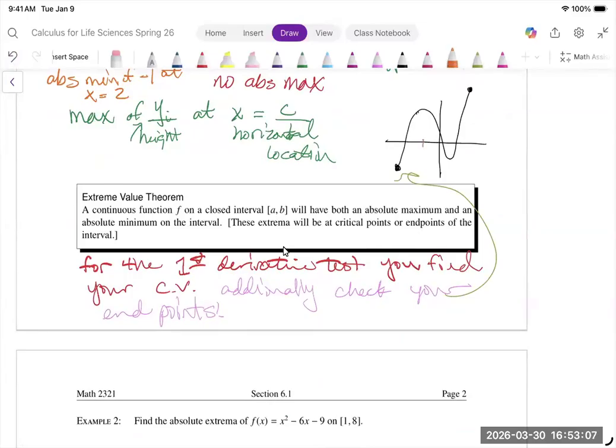We would get critical values here and here, but actually, this would be my absolute min and my absolute max. So the extreme value theorem says you have to check your endpoints if you have any, because your cutoff might be above or below your critical values. Yes, your critical values are maxes and mins, but we have now changed them into local or relative maxes and mins.